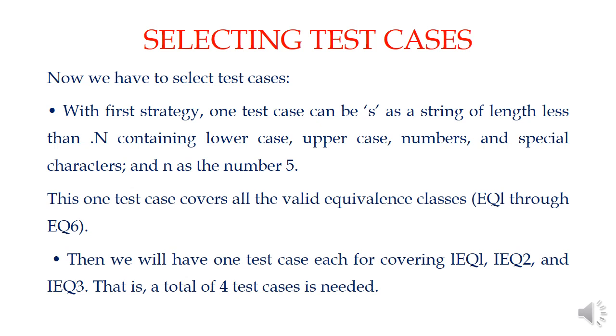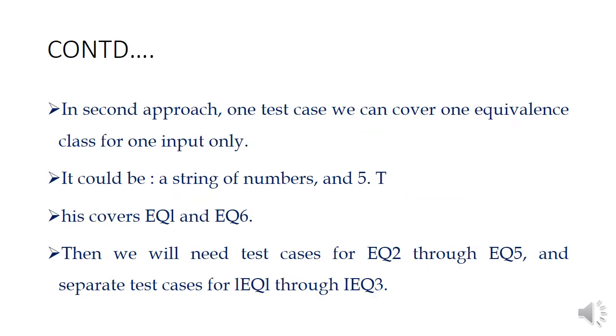N has the number 5. This one test case covers all the valid equivalence classes, equivalence class 1 through 6. Then we will have at least one test case each covering the invalid equivalence classes 1 to 3. So we will have 4 test cases.